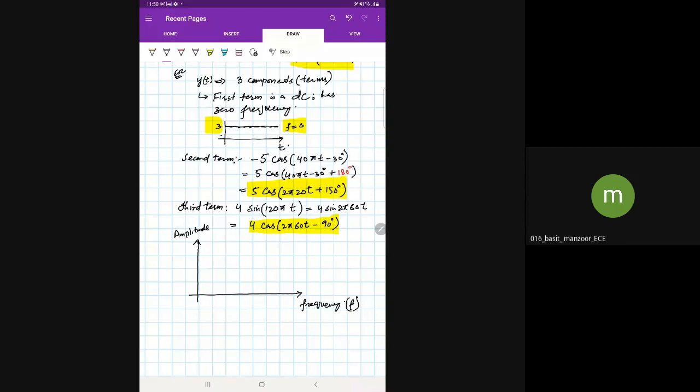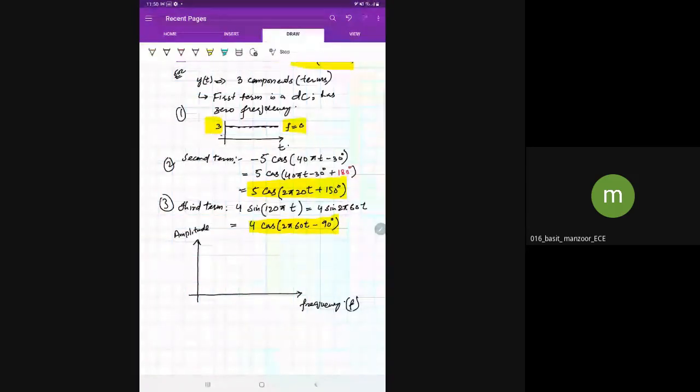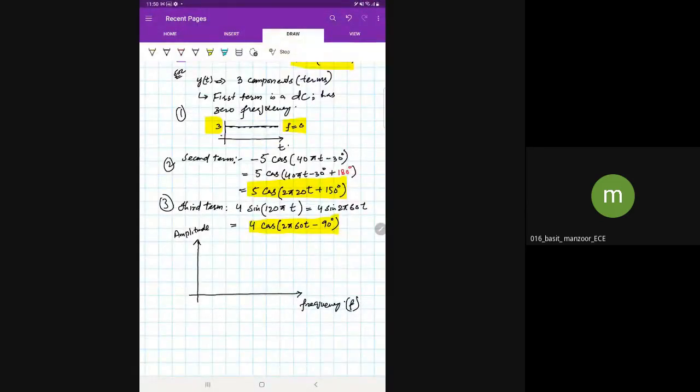Now see, I have 3 components. This is first, this is second, and this is third. In the first component, the amplitude is 3, but the frequency is 0.